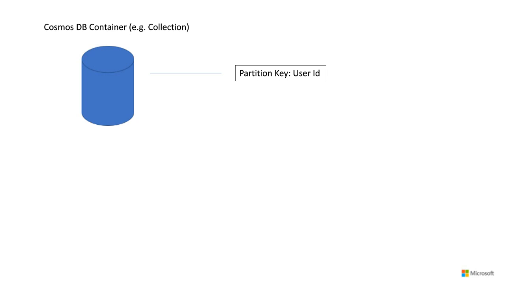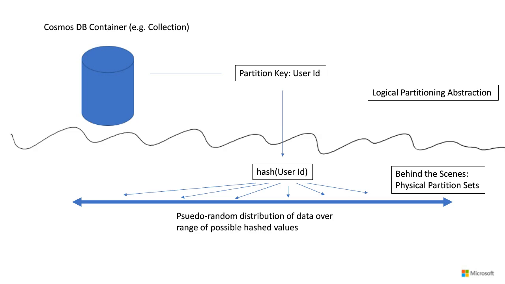The important thing to know here is that partition keys are a logical partitioning abstraction. Each partition key you can think of as a logical partition. What we do behind the scenes is a technique called consistent hashing. The first thing we'll do is hash those partition key values.